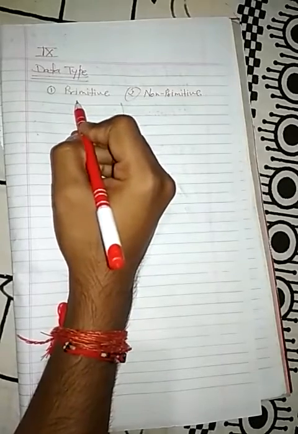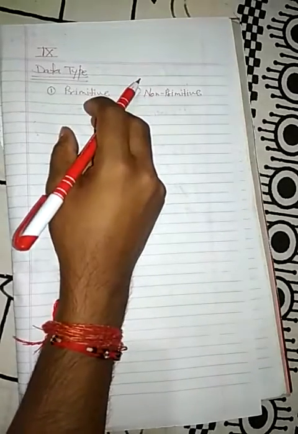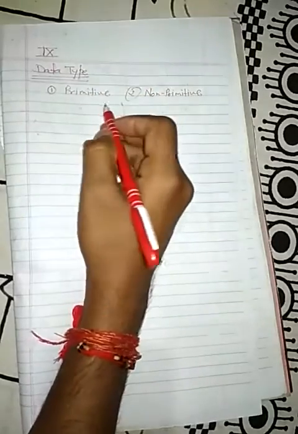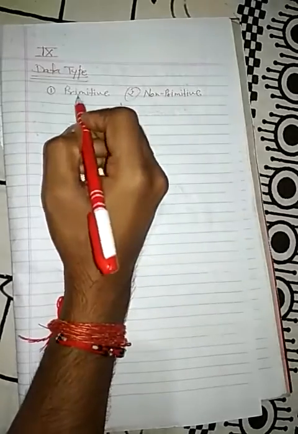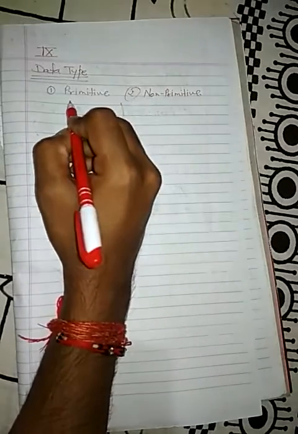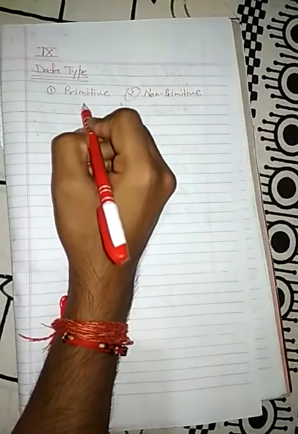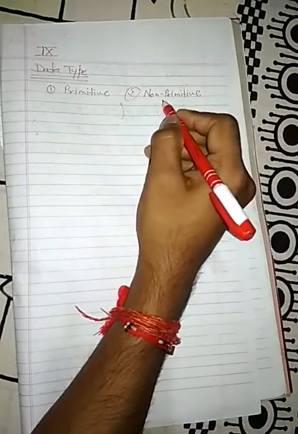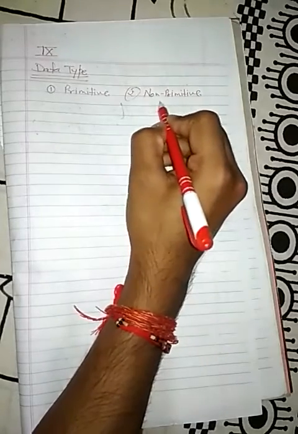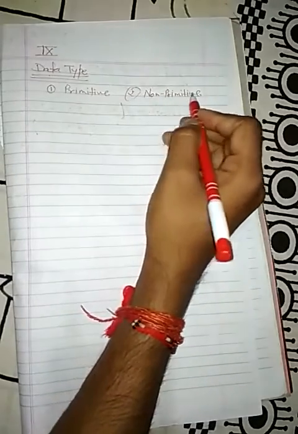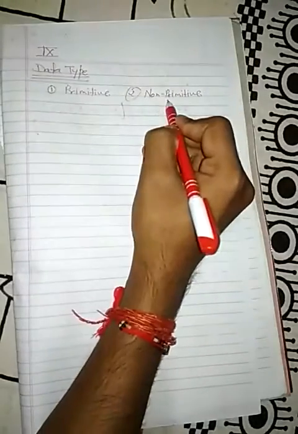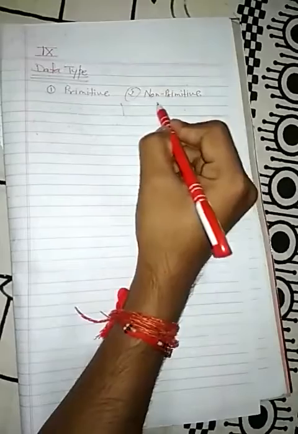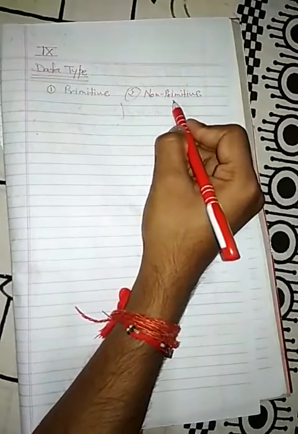It means the data type which has been already defined in the language, and actually we are using Java, so we can say Java language. The data type which has been already defined in the Java language, that is primitive data type. And the data type that is defined by the user, that is called non-primitive data type. Primitive data types means predefined data types, and non-primitive data types means user defined data types.